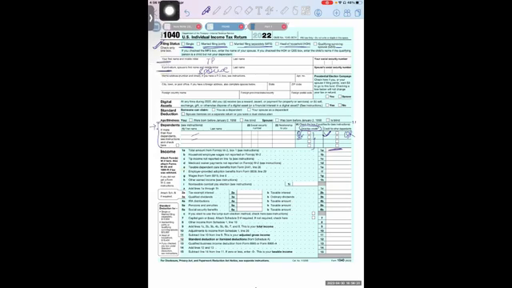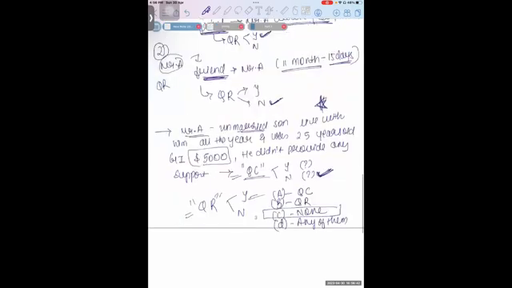Today we completed the dependents, and then you can revise this board topic properly. Only the first chapter will cover the preliminary things, the basics, filing status and all. So you can go through your first chapter once the filing status is done. Okay, let me explain the filing status.